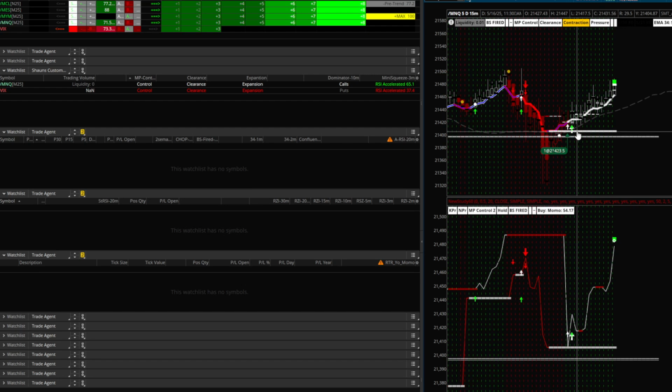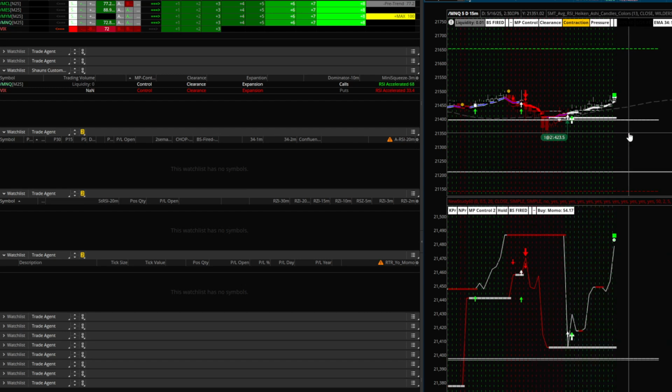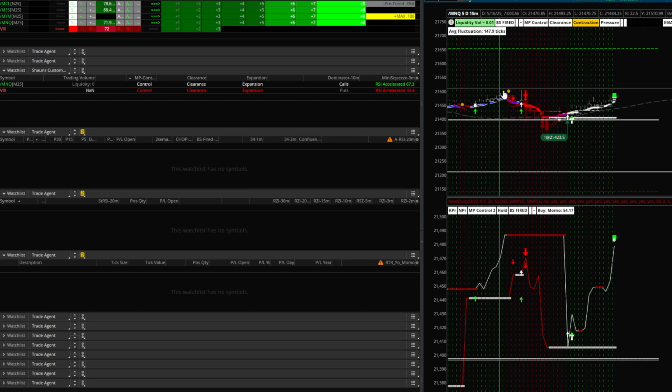Again, I'm looking at this, and I'm probably going to end up taking a profit right up here, because you remember I also talked about the other levels here. I said that price will typically attack midway between this level and this level. So we did here, and then we came back down.